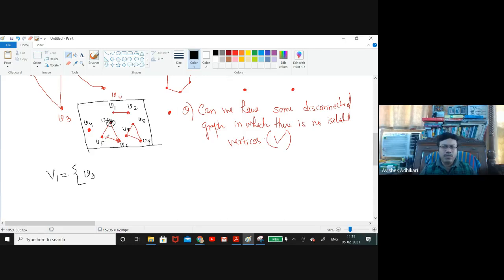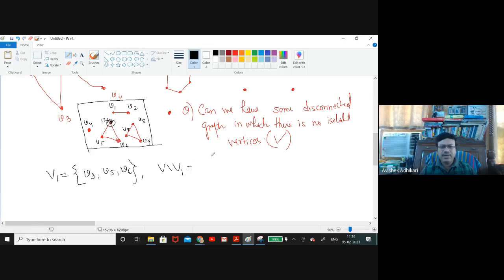From v3, you can go to v5 and you can go to v6. No other vertices can be reached from v3. Now consider any other vertex from V minus V1.